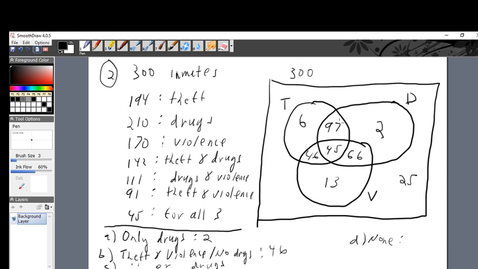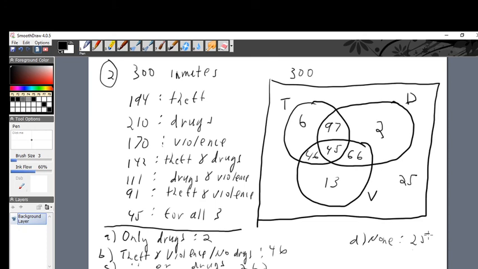That's 91. 91 and 97 is going to be 188. 188 and 6 is 194. 194 and another 68 is going to be 202 and 260. It should be 262. I can double check that. I just don't want to run out of time. As far as none is concerned, it's going to be 25.